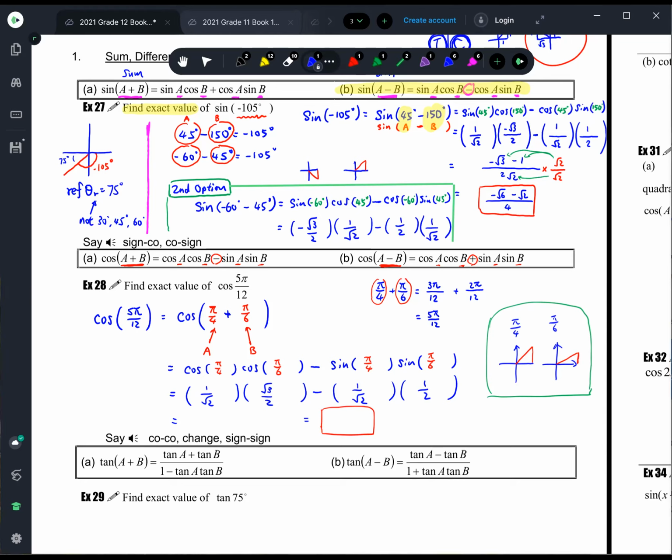Remember your final answer has to be rationalized, which means the denominator cannot have square roots. Please raise your hand if you have the final answer.